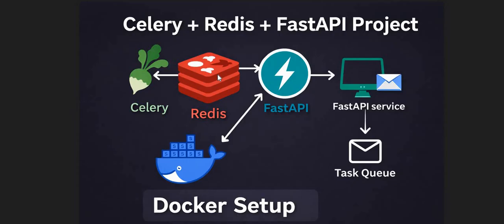This message broker stores tasks in a queue and shares results. Then Celery, this is a worker pool, which picks tasks from Redis and executes them.